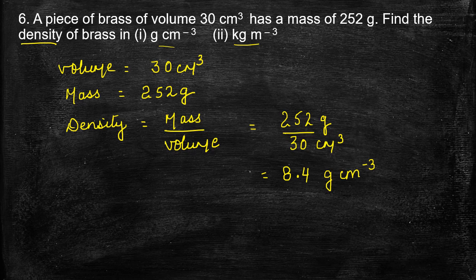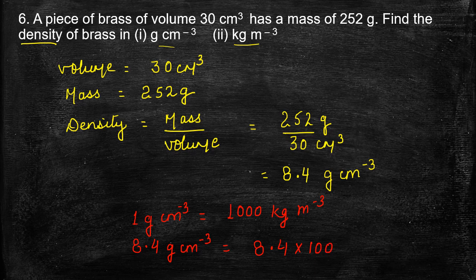Now we know the relation that 1 gram per centimeter cube is equals to 1000 kilogram per meter cube. So to convert 8.4 gram per centimeter cube into kilogram per meter cube, we have to multiply 8.4 by 1000.